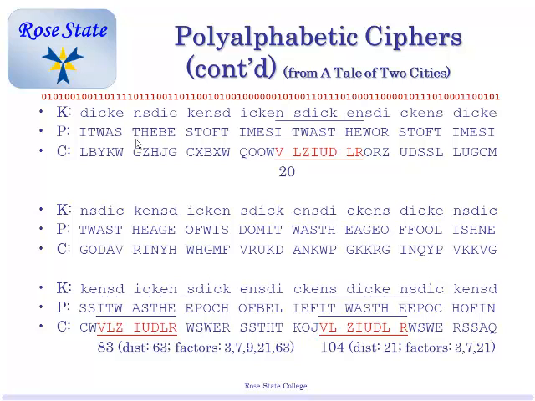The factors of 63 are 3, 7, 9, 21, and 63. Then we keep looking. We find it again starting at position 104. The difference between 83 and 104 is 21. The factors are 3, 7, and 21. So what's our probable key length? 3, 7, or 21. In this case, it happens to be 7.